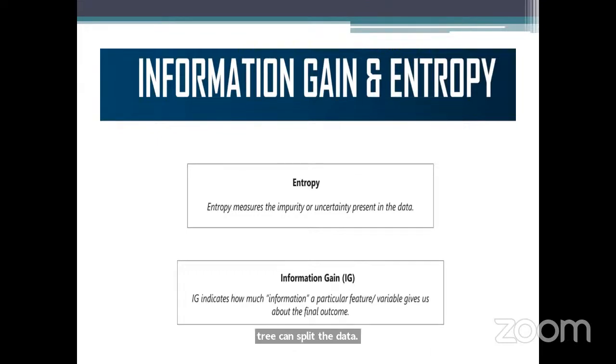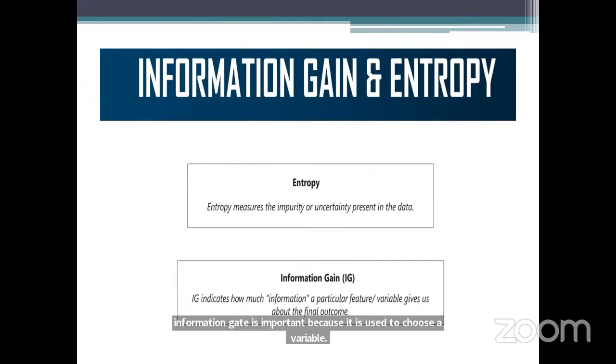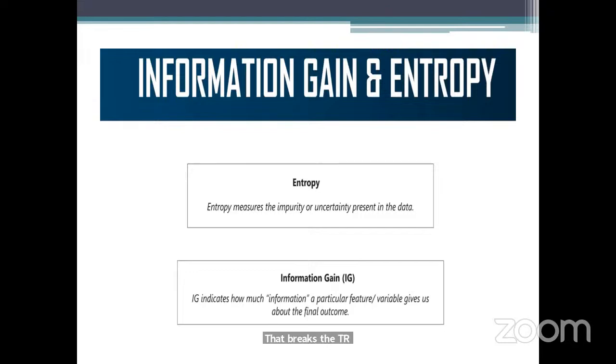That is the entropy. Information gain, on the other hand, is a more significant measure which is used to build a decision tree. It indicates how much information a particular variable gives you about the final outcome. So information gain is important because it is used to choose a variable that splits the data at each node for the decision tree.